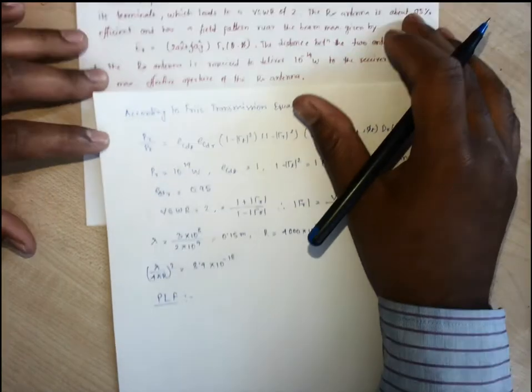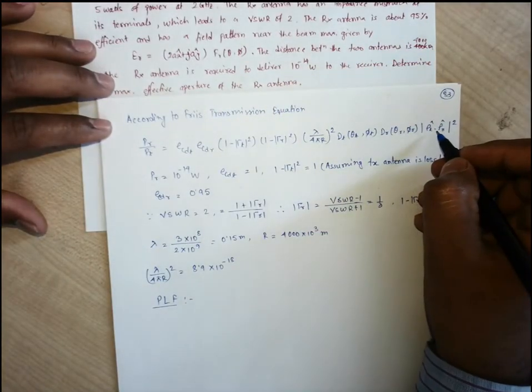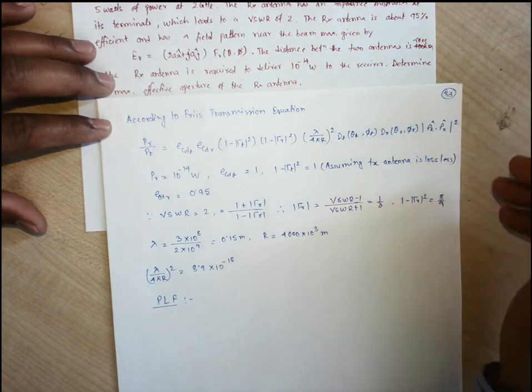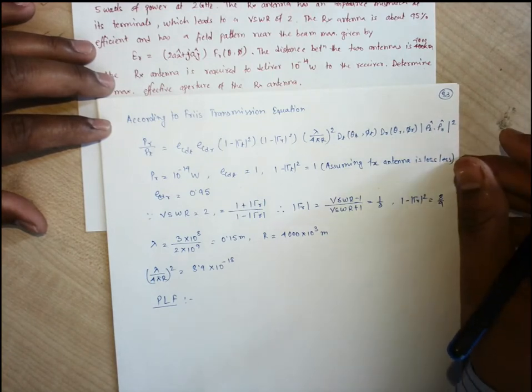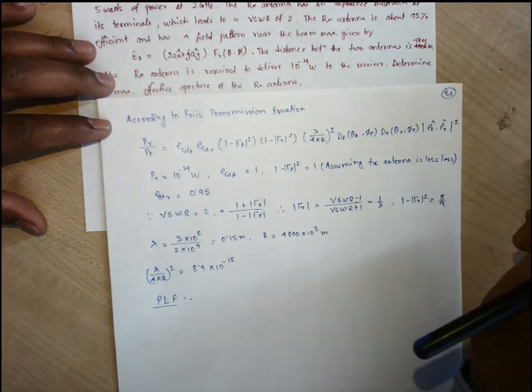Now this PLF should be considered as the polarization match, but this receiving antenna is 95% efficient. The transmitted antenna is lossless antenna, so we can consider, yes, the transmitting antenna is highly efficient compared to the receiving antenna. So we can say this transmitting antenna and receiving antenna is polarization match to some extent, since receiving antenna is less efficient.